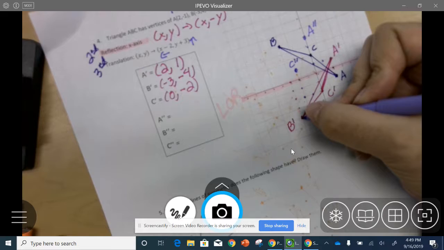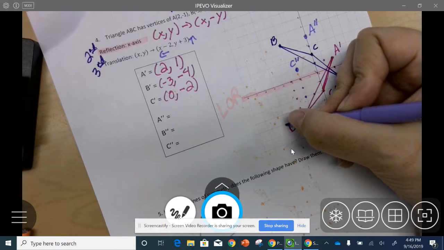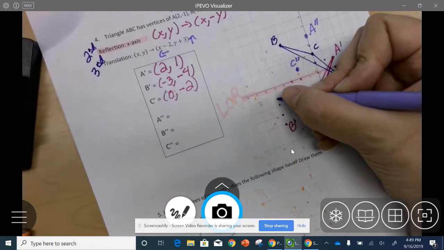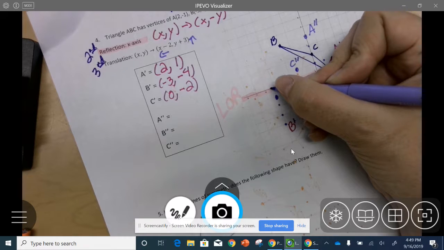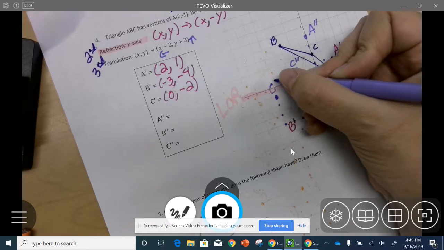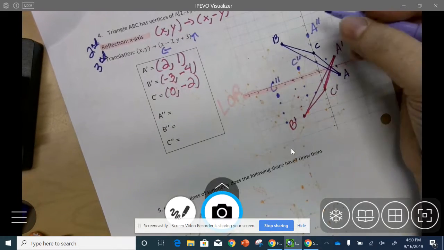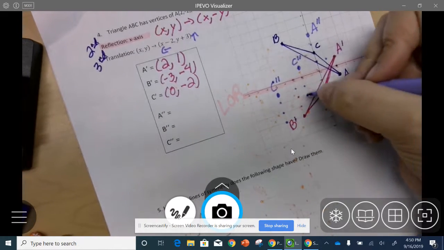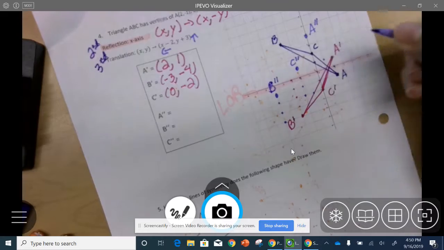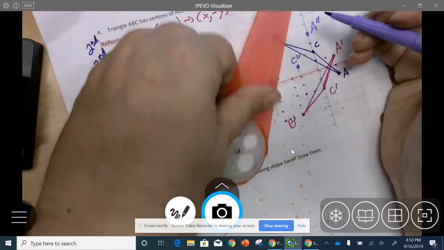And then B is going to be 1, 2, up 1, 2, 3. Let's see. So we go ahead and connect them.